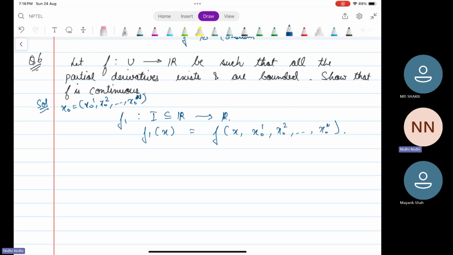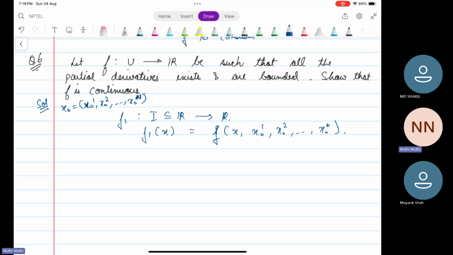So what can we say about the differentiability and continuity of this function f1? The first derivative exists, so it will be differentiable, because the partial derivative means differentiation with respect to the first variable, taking the others to be constant. That's what we are doing in this function f1. So since it is differentiable, it will be continuous as well. That means we can apply the mean value theorem on this f1.